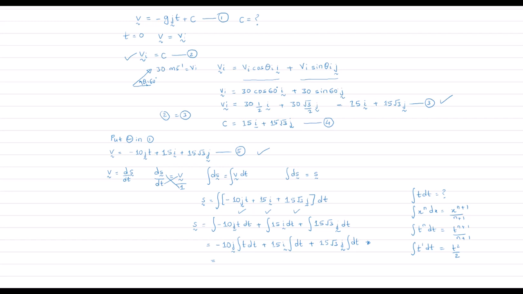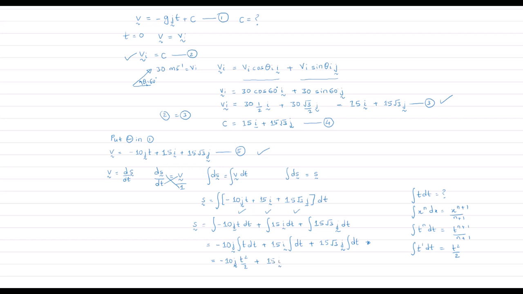So let me write over here. This will be minus 10 j t square over 2 plus 15 i.